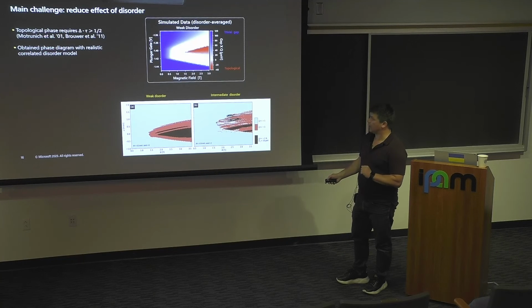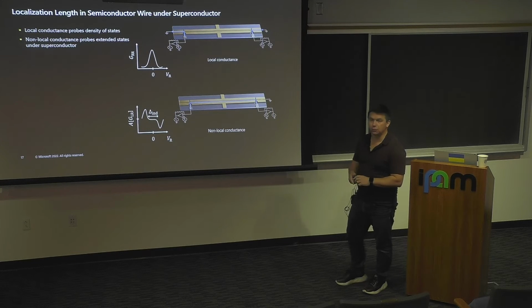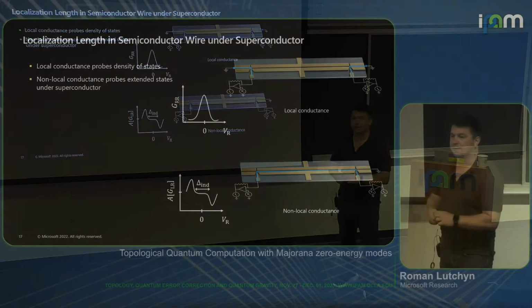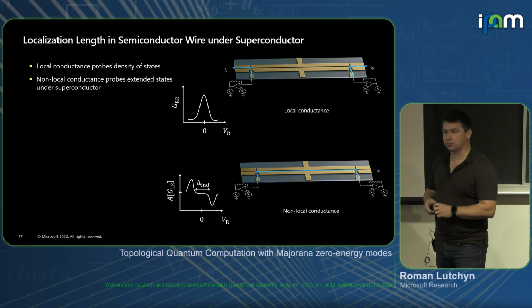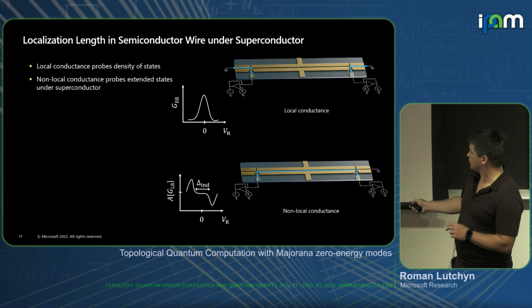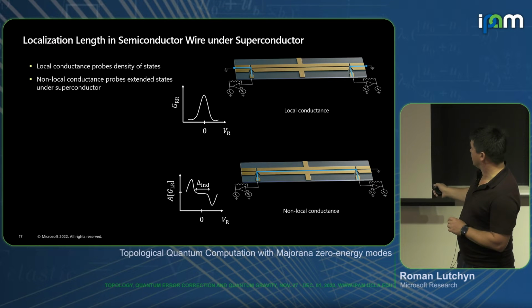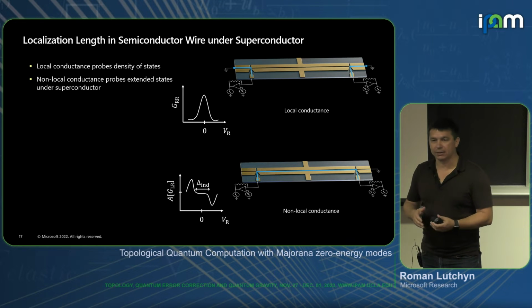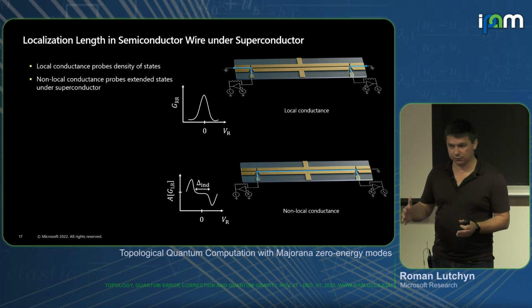All right, so this is explaining effective disorder. And then finally, let me show you how we can demonstrate that our wires are super clean. We can demonstrate this by doing an experiment where we look at non-local conductance, so transport from, let's say, right to left lead, and doing the scaling of these devices as a function of length.